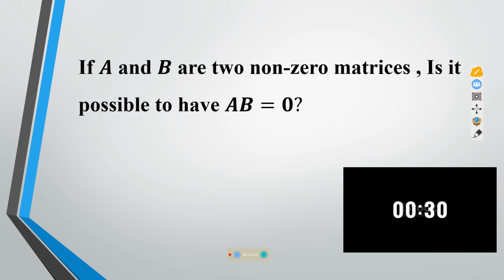If A and B are two non-zero matrices, is it possible to have AB equaling 0? So you have two options. One is no, another one is yes, and you have only 30 seconds.